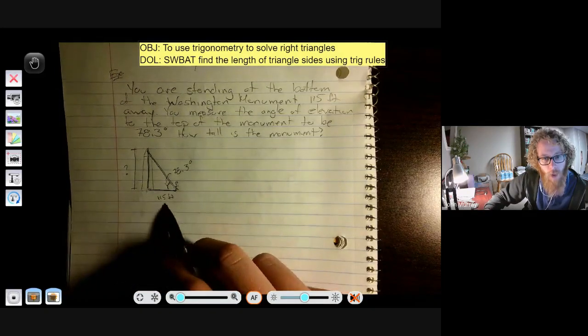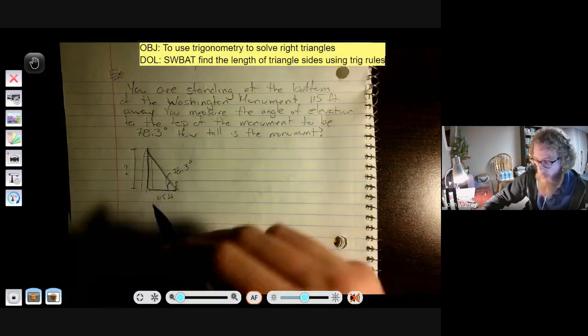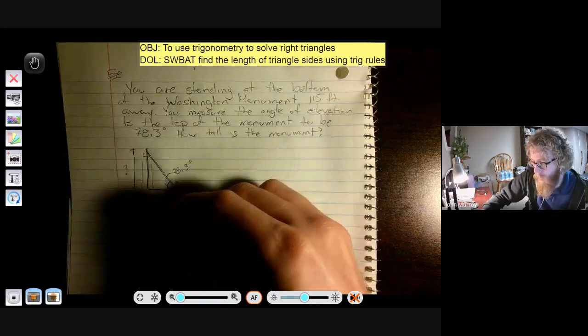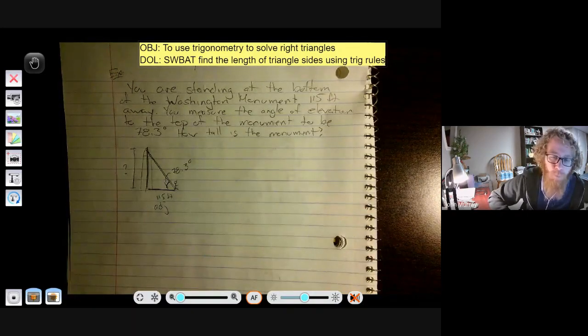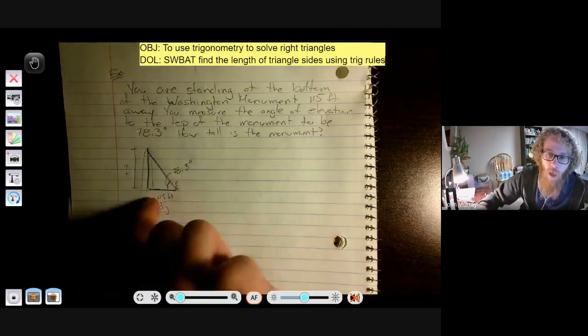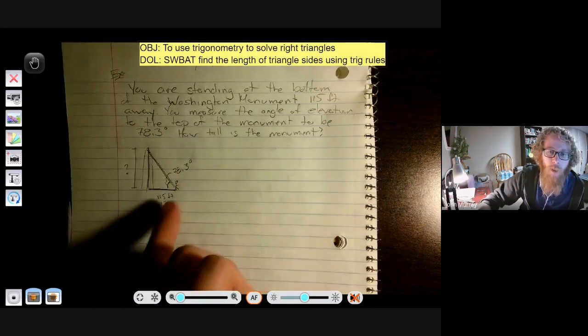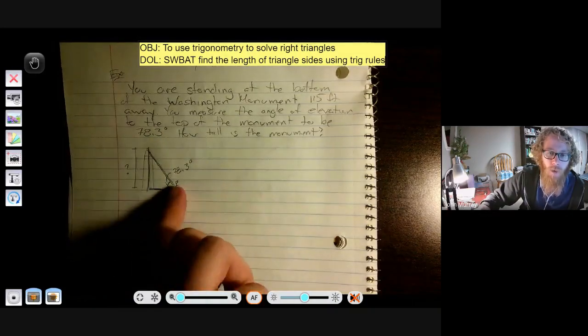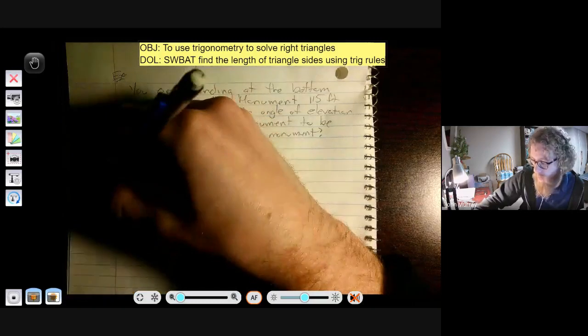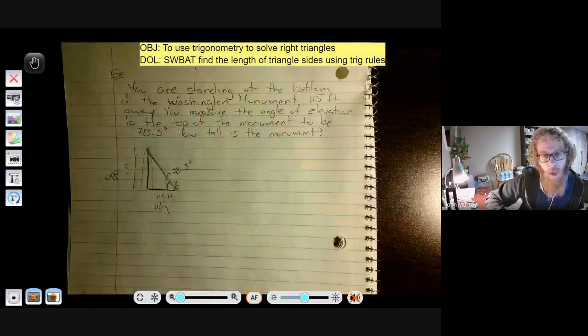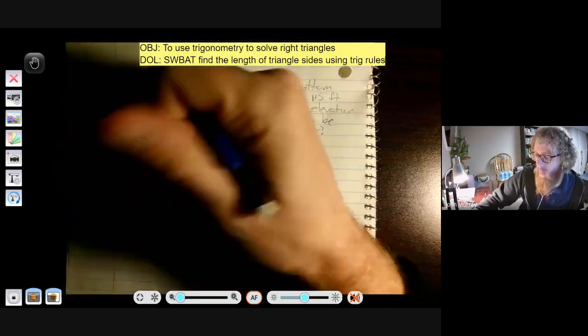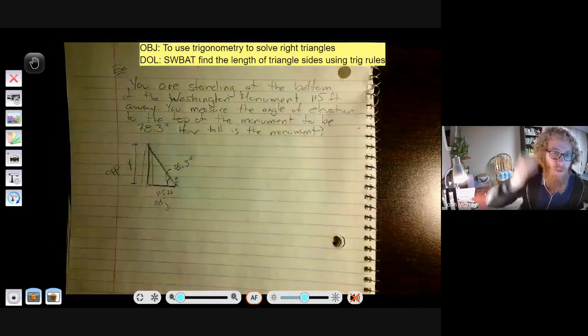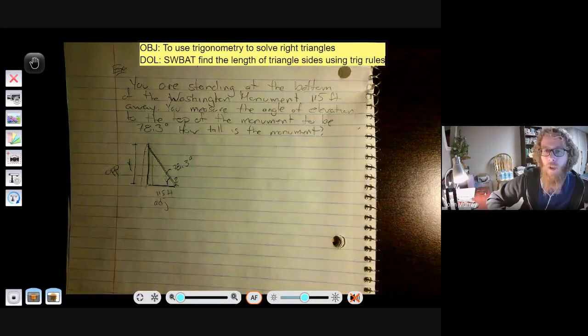So here's my angle. This 115 feet with reference to this is going to be my adjacent side. The height of the monument, with this as my angle, is going to be my opposite side. I'm going to call this y because it's vertical.